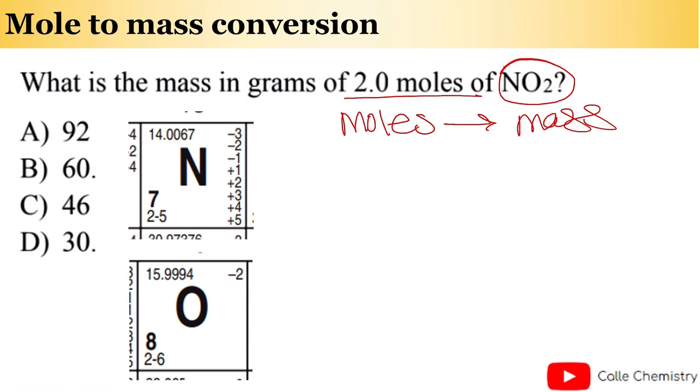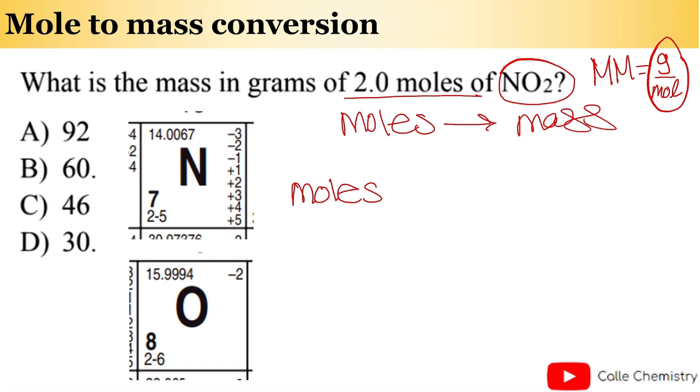Well, the units for molar mass is grams per mole. So if you're starting with moles and you're debating, am I going to divide this? Am I going to multiply by the molar mass? What am I going to do?